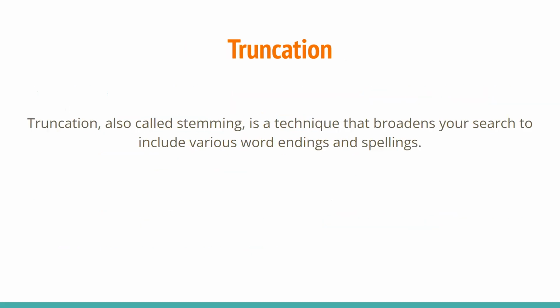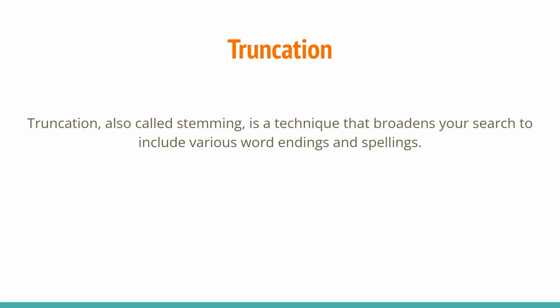Lastly, we have truncation. Truncation, also called stemming, is a technique that can broaden your search to include various word endings or spellings. This can also be great if you have a general idea of the spelling, but you're maybe not quite sure at that ending part, or if you're doing research where there are just so many different words and variations.